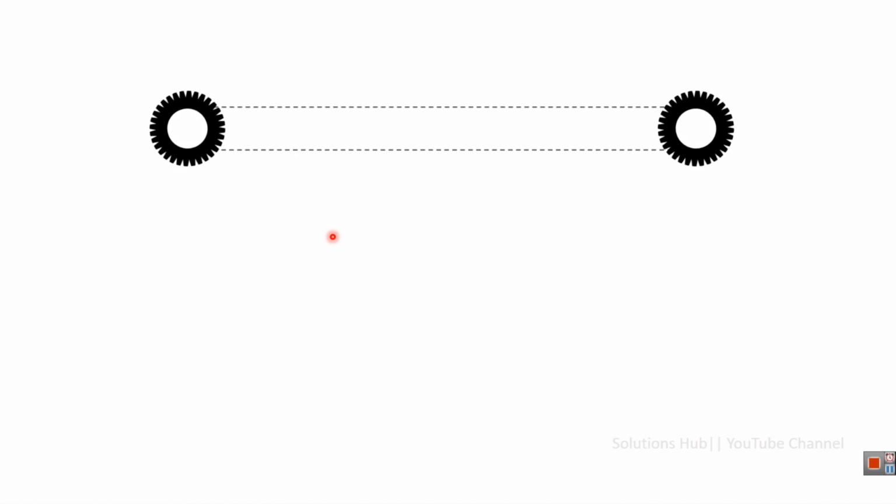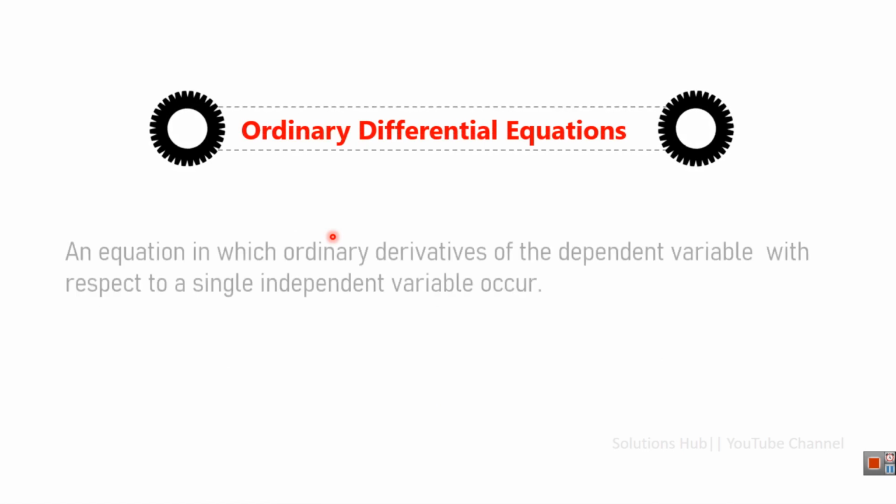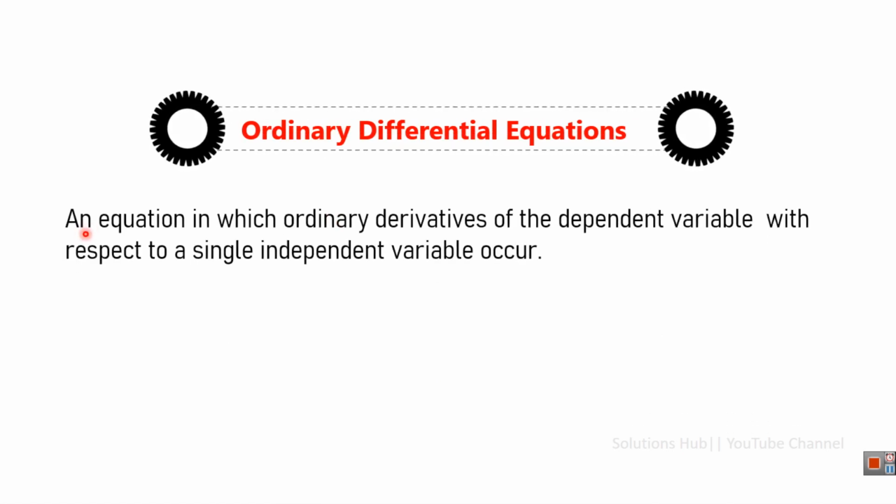So here we have the definition of an ordinary differential equation: an equation in which the ordinary derivative of the dependent variable with respect to a single independent variable occurs. The most important part of this definition is the point that there is a single independent variable.